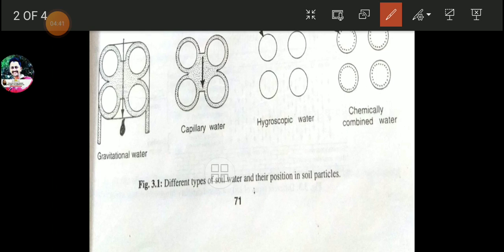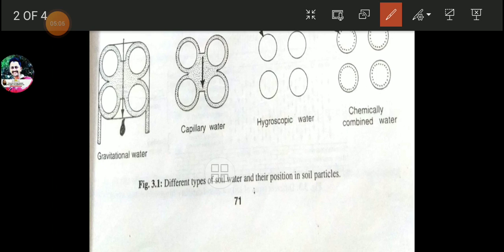Now, out of these four types of water, which type of water is absorbed by the plant? Either gravitational or capillary or hygroscopic or chemically combined? Friends, keep in mind, only capillary water is available to the plant.